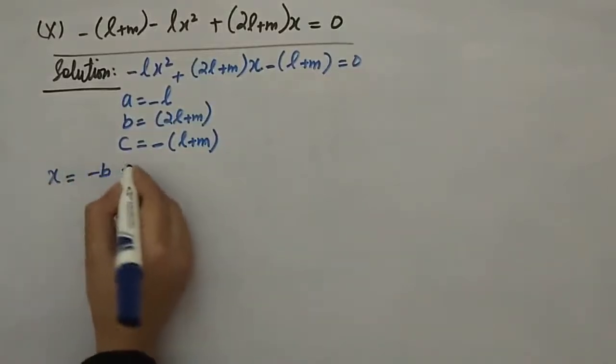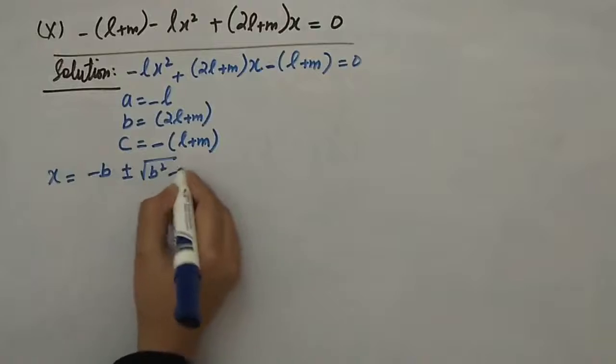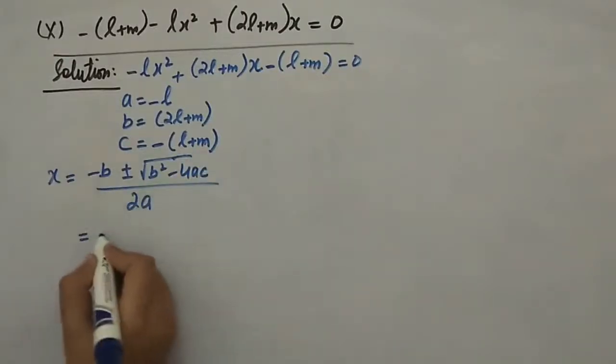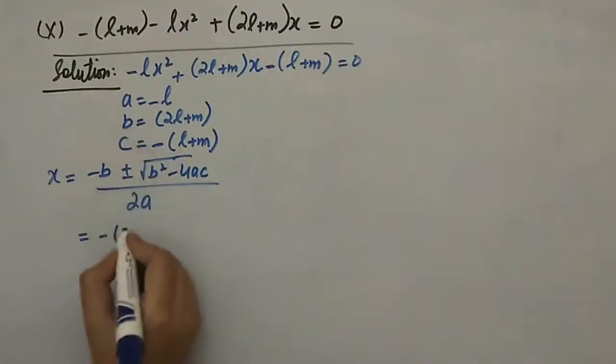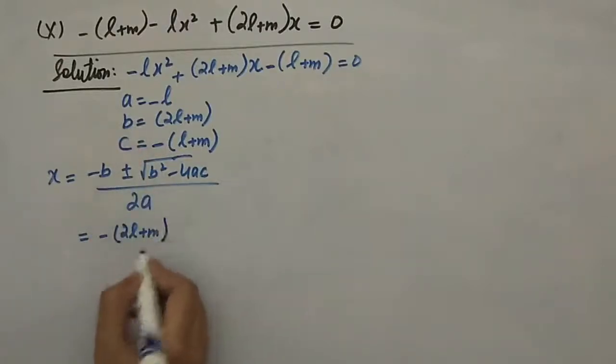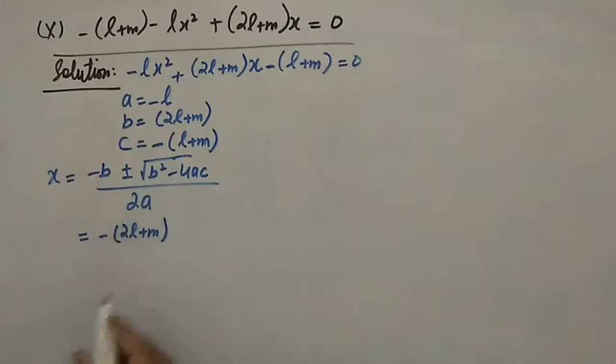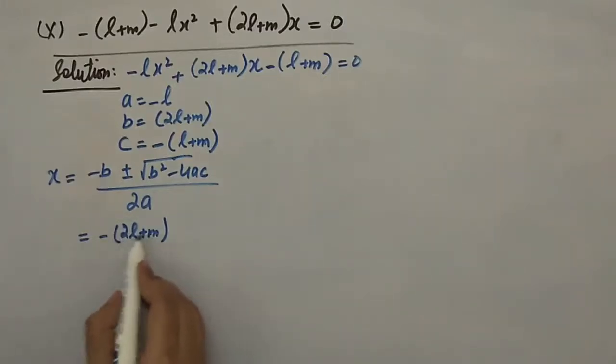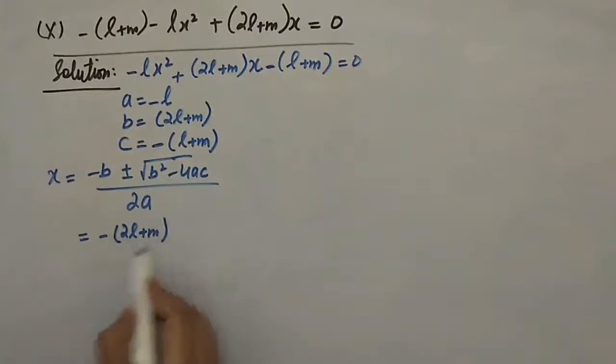x is equal to minus b plus minus square root of b square minus 4ac over 2a. What is b? 2l plus m. So you have to put the bracket must, okay, because this minus will change the sign in the next step. So जब भी two terms हो और बाहर minus हो, you always have to put brackets.